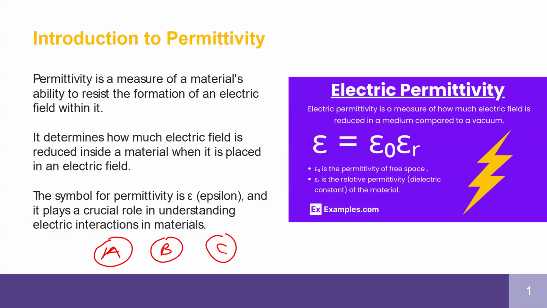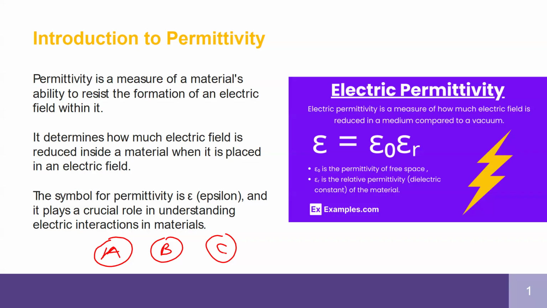So the lower the permittivity, the better the material can be used for generating electricity. Because when you have high permittivity, it tells you that the material or object cannot form an electric field within it. And it determines how much electric field is reduced inside a material when it is placed in an electric field.